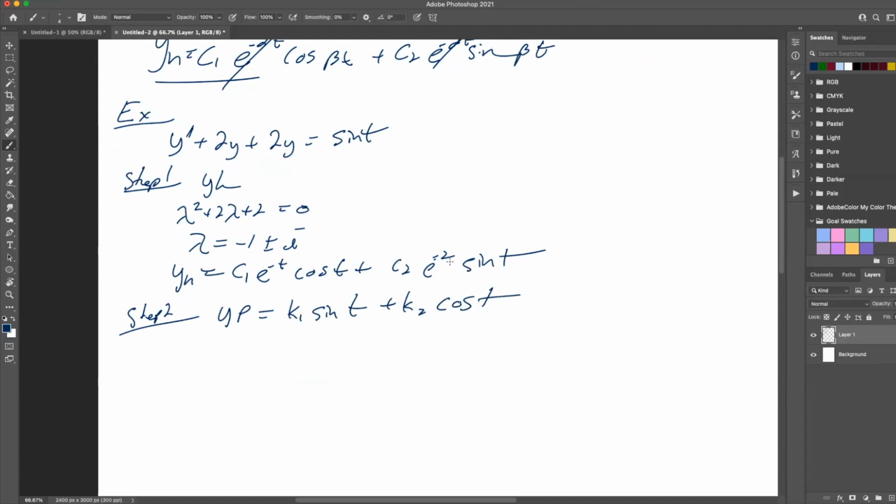No, because this is different than that. Even though it's sine of t, it has the e to the minus t on it. So you don't need to multiply by anything. And I solve for it, and just to save time, I'm going to give you the answer, right? If we solve for it, I'm going to get minus 2/5 cosine t plus 1/5 sine of t. Okay.